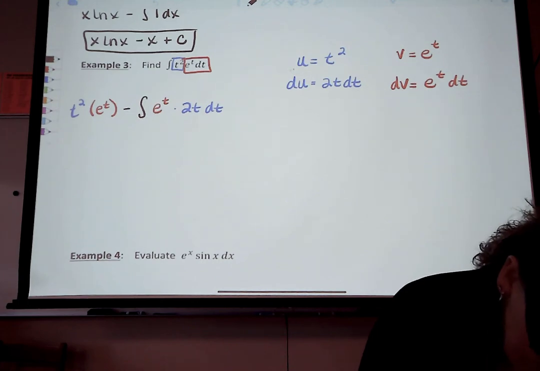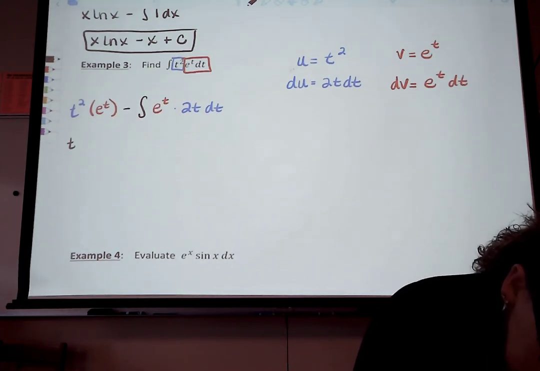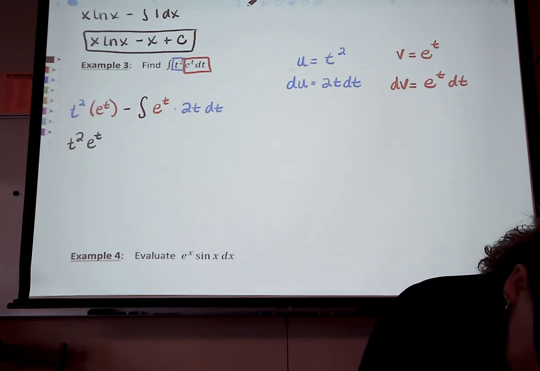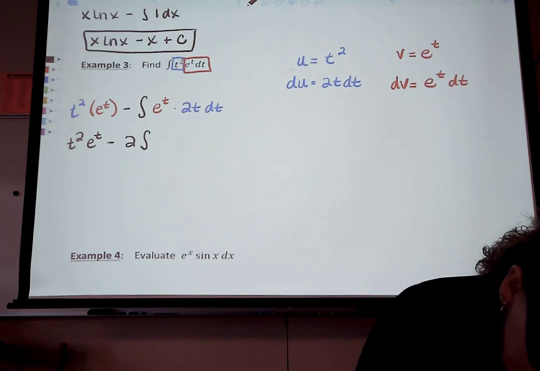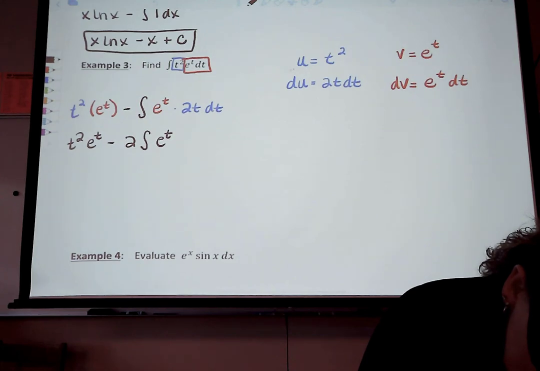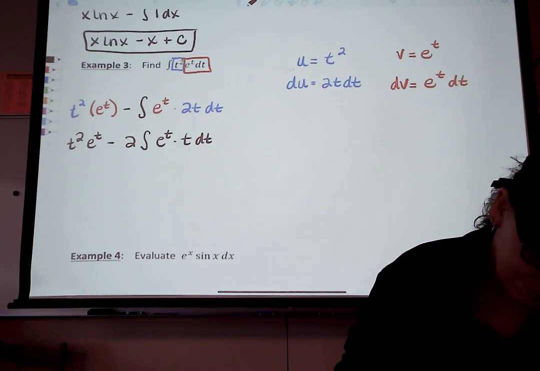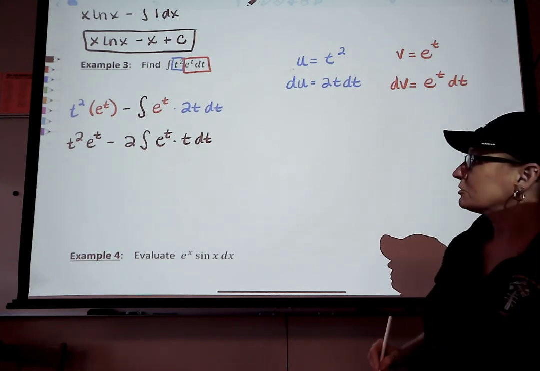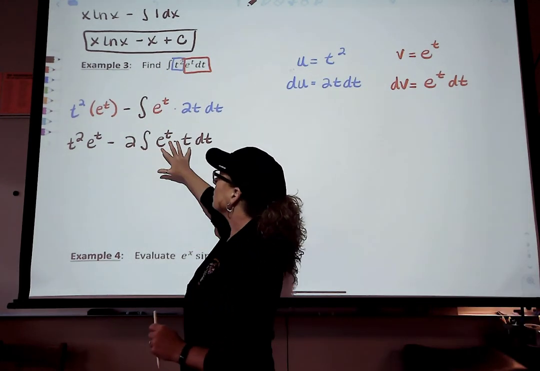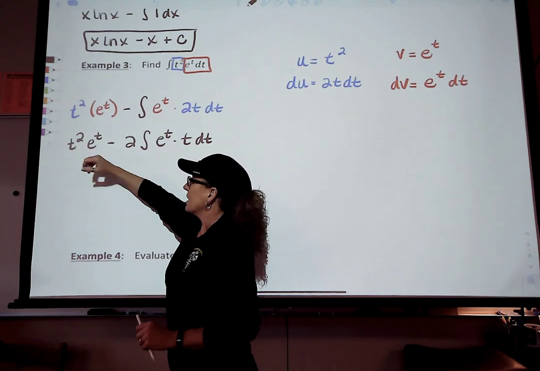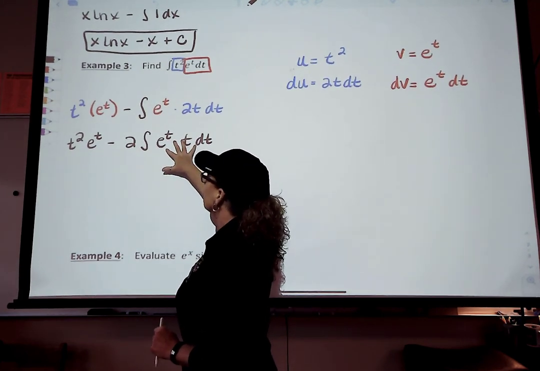I don't know, it might be extra writing. Who knows? T squared e to the t minus 2 times the integral of e to the t times t dt. We'll see. So we're fine with this. We don't need to fold that anymore.